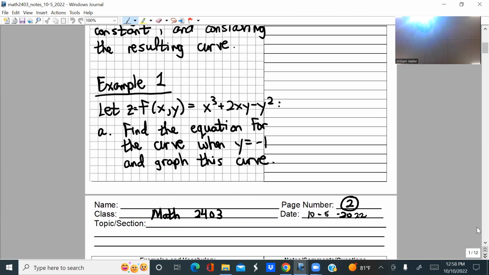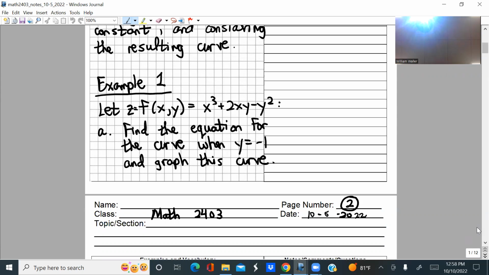So I'm going to think of setting y equal to -1, holding y constant at -1. There's no reason I chose -1. That was just an example. I could have picked any constant value for y. It could have been 0, +1, or anything. Just in this example, I decided to let y be -1.